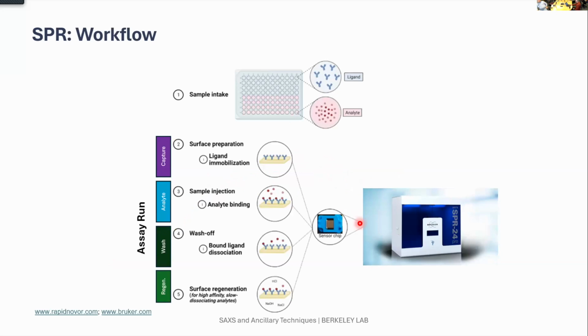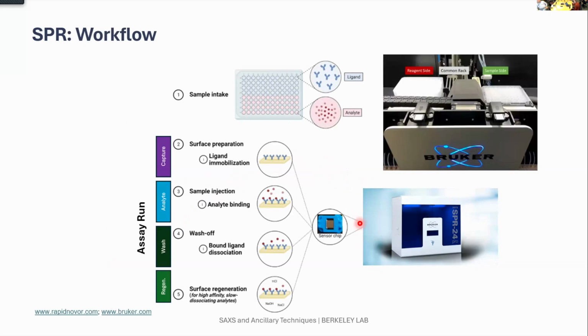A bit about the workflow that I've been doing here. The first thing is to prepare your samples. Of course, you have nice compartments inside of this instrument. It looks small, but it's really huge. We have these two sides where we have a reagent plate, like a 96 deep well plate, and over there we can also have a 96 deep well plate, but here it's just a regular 96 well plate.